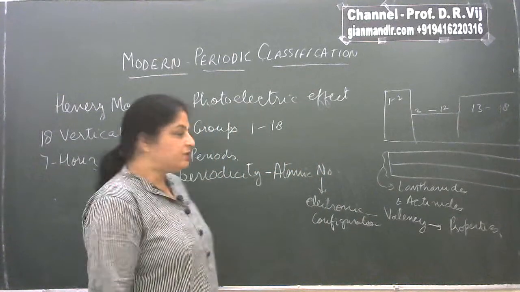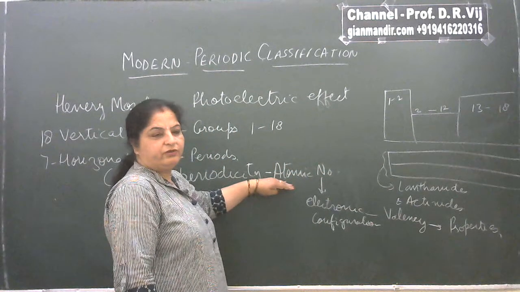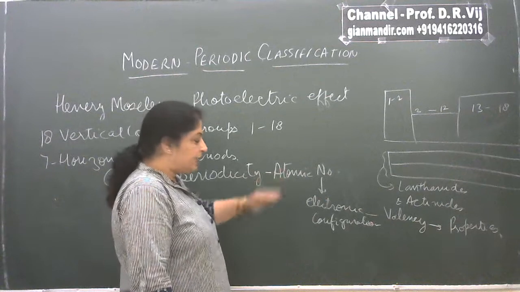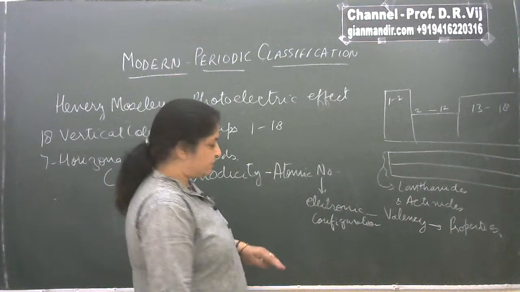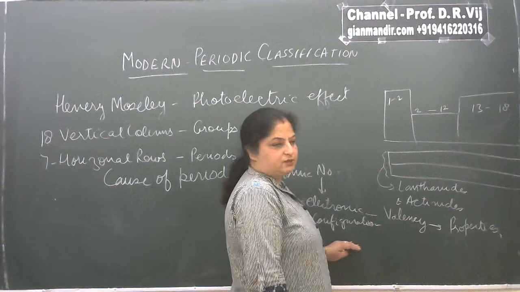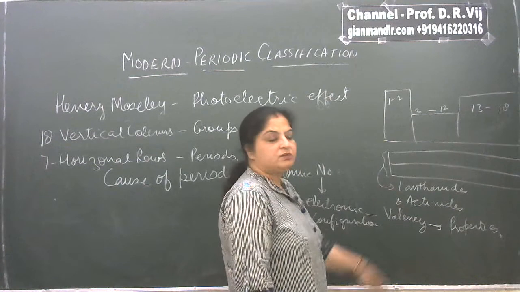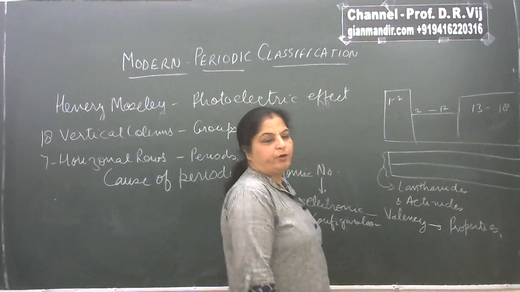So the problem is solved: when elements are arranged in the order of increasing atomic number, then at regular intervals, the elements with similar valence electronic configurations are repeated. That's why they have the same valencies and show the same properties.